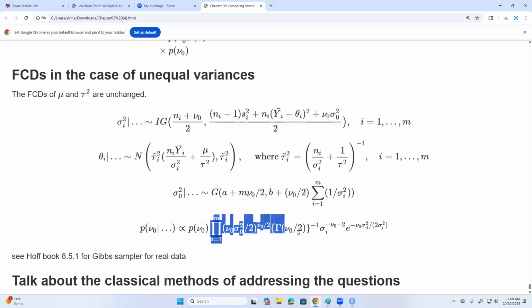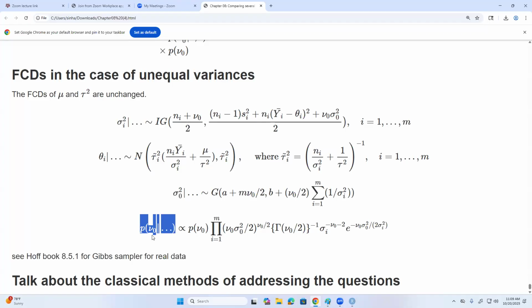It is coming in this form with the prior distribution. You see, this nu sub 0 appears right here in the gamma function. It complicates the entire thing. Also, it appears as sigma i to the power nu 0, as a power. And how do you handle that? There is no straightforward way of sampling that type of thing.